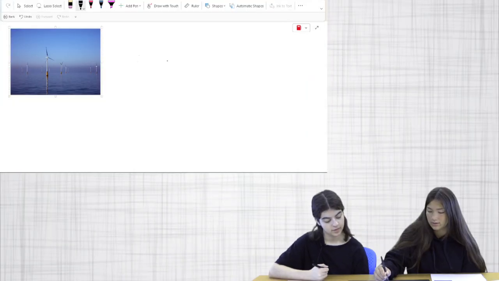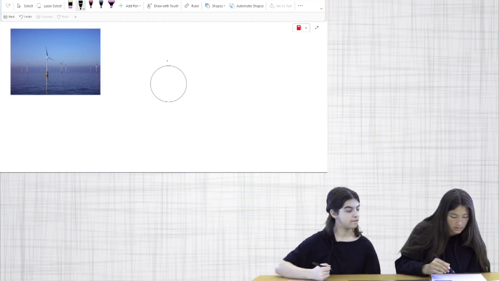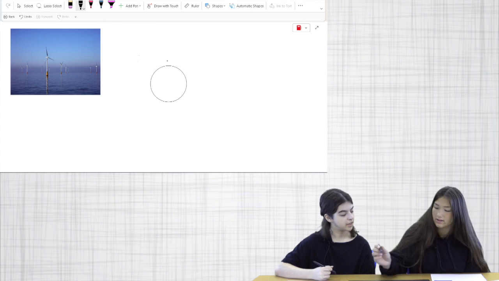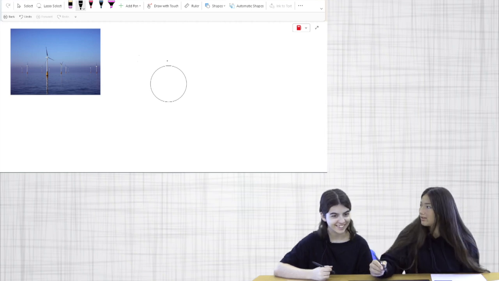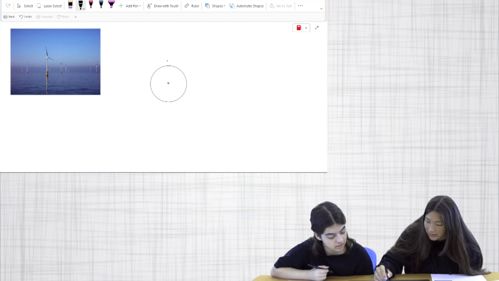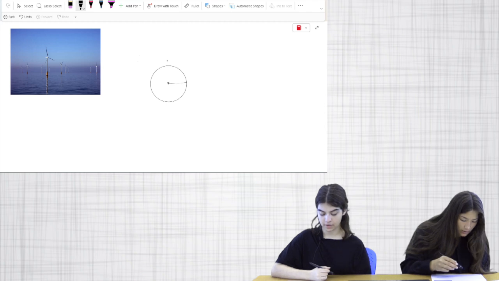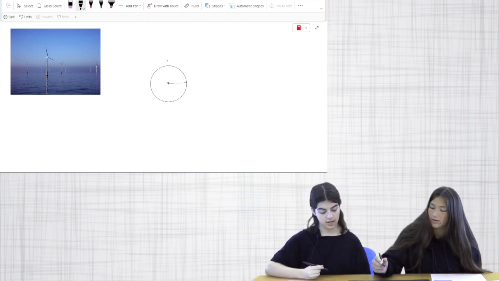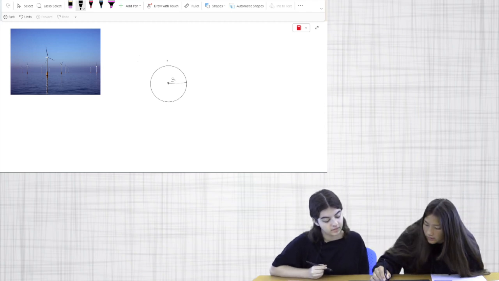Okay, so it said it was 5 seconds. So maybe we just split it into maybe fifths. I don't know how we do that. And then, wait, we can do the radius, because each blade length is, how long is it? So for the first one, it's 350 feet.